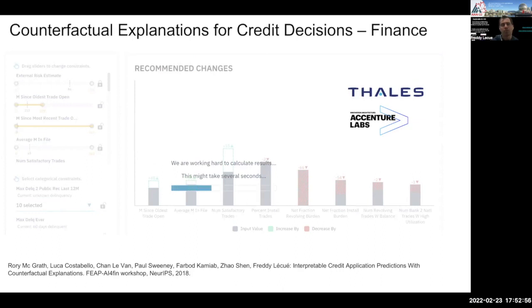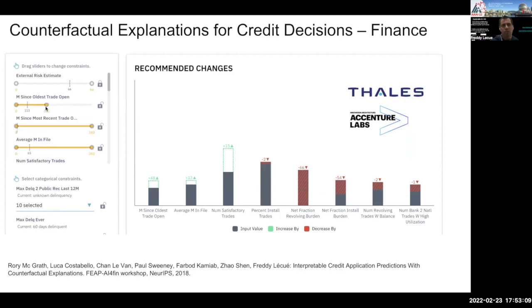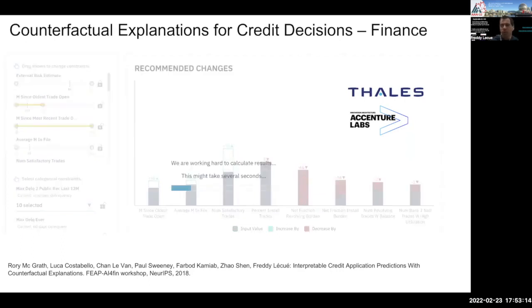You can lock those features and say, okay, give me a counterfactual explanation, but don't change those features. Then those won't change, and you only see the ones that change over here. So it's a pretty good example of what counterfactual is and how it could be used for explanation.